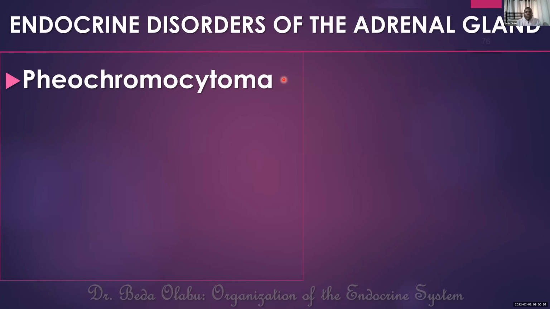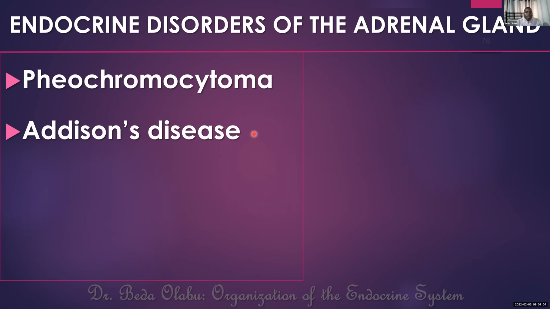What will make you suspect that someone has pheochromocytoma? It will be the exaggerated physiological effects of the catecholamines, so features of excess catecholamine within the circulation. Largely these will be seen in the heart, perhaps, and the blood vessels.